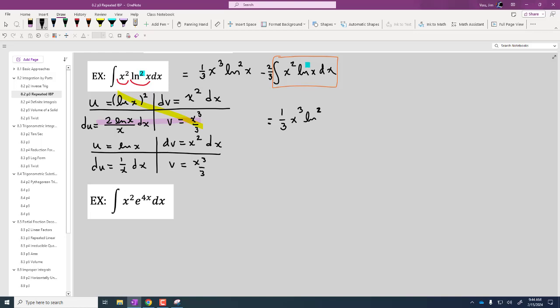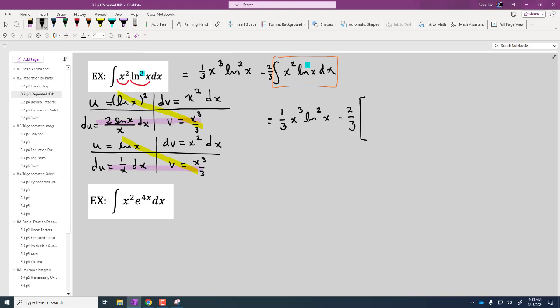Now we have this 2/3, and it's got to be multiplied by our second integration by parts. We're going to do uv again, that's the main diagonal, and then we're going to subtract off the bottom row.